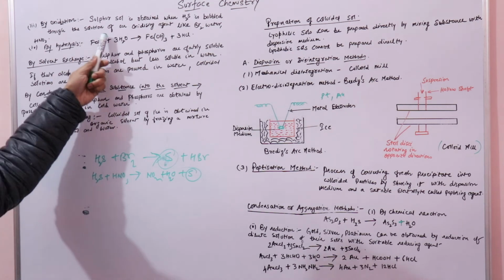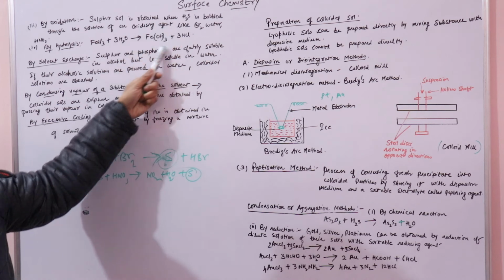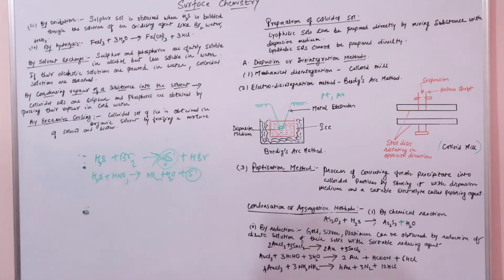When ferric chloride is shaken with water, it will change into ferric hydroxide, which is your colloidal solution. It will fall into colloidal range, right? So ferric hydroxide and aluminium hydroxide are obtained by boiling solutions of their corresponding chlorides, right?